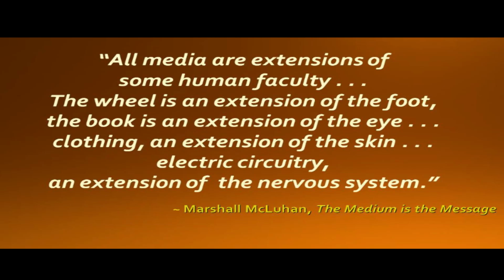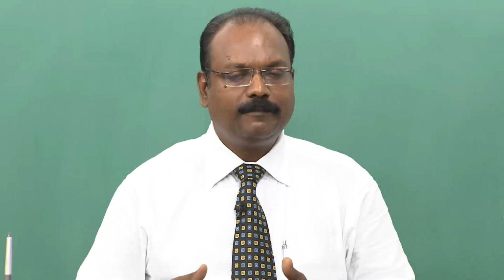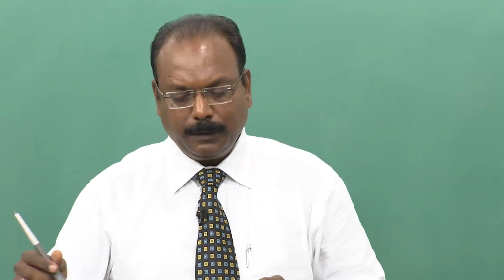Clothing, he says, an extension of the skin, electric circuitry, an extension of the nervous system. So, all kinds of these technological innovations and inventions for McLuhan, one way or other, are actually extensions of some kind of human faculty, some kind of human functioning, some kind of human parts which are represented in this.